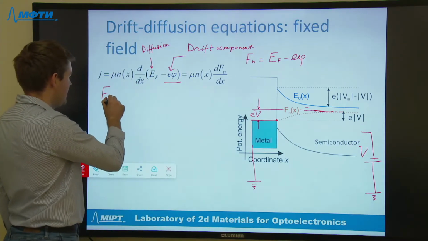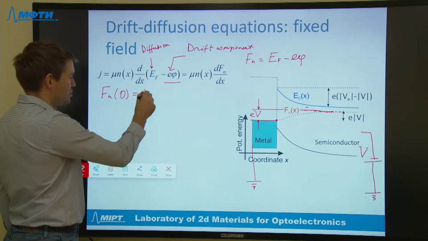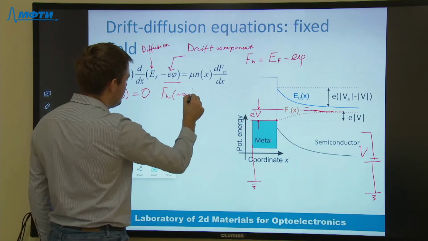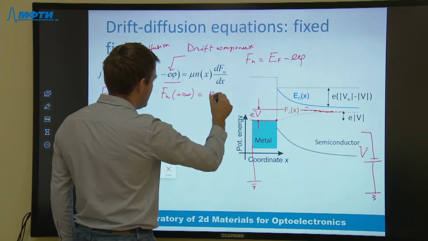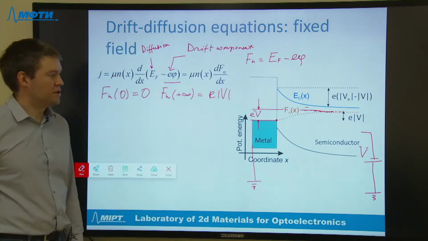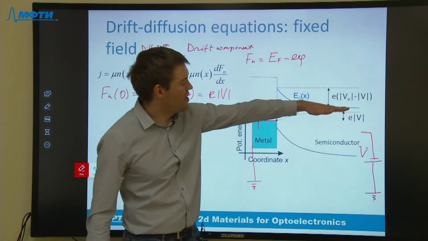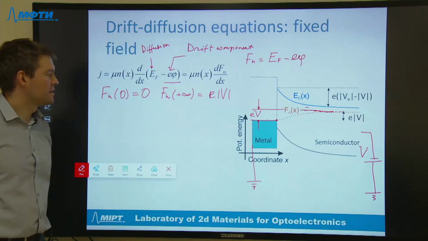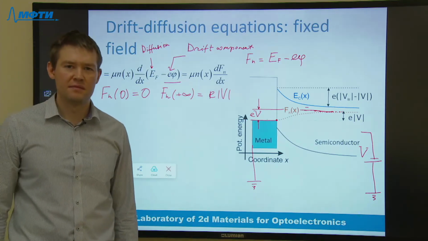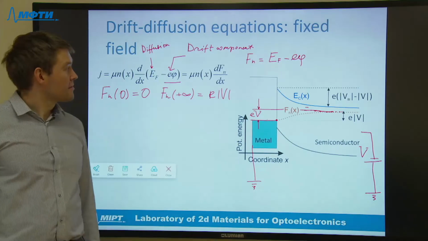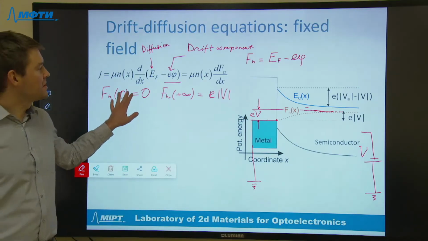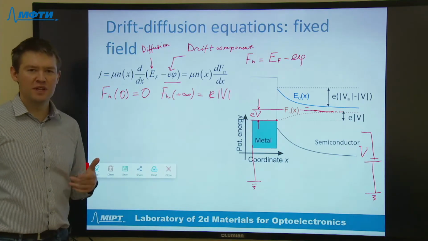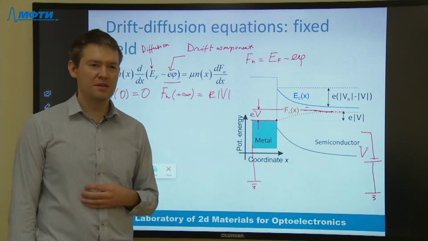We have the Fermi level at 0 to be 0 and Fermi level at plus infinity to be E modulus of applied voltage. So at infinity it is higher than at 0 by the amount of voltage supplied by the battery. It's a good hint because we have a first order differential equation, but we have two integration constants. Can we resolve it simply?